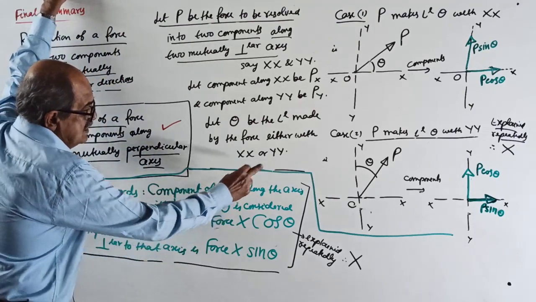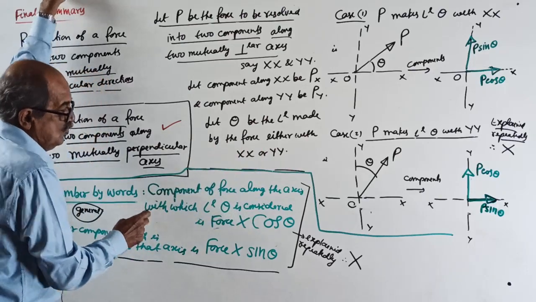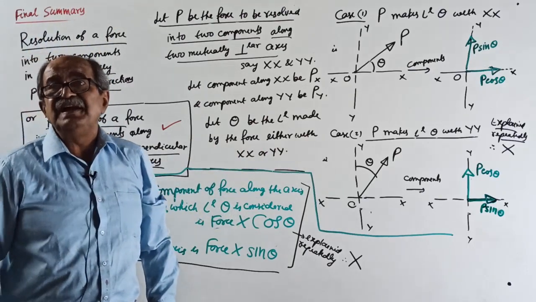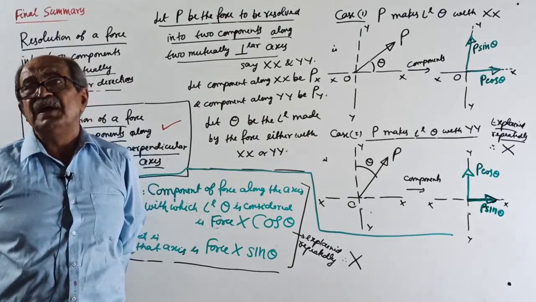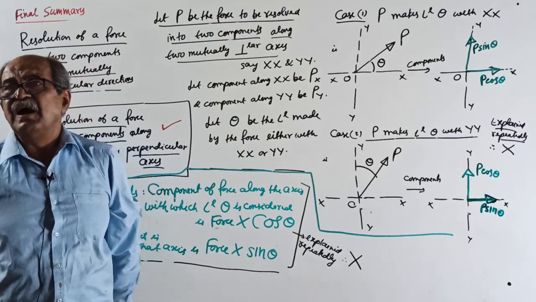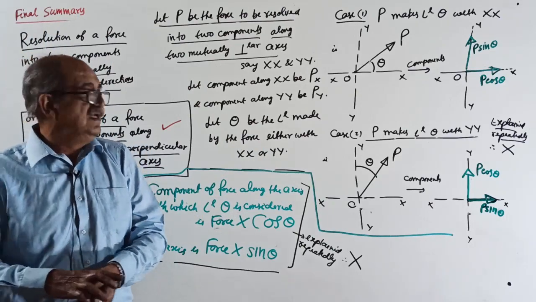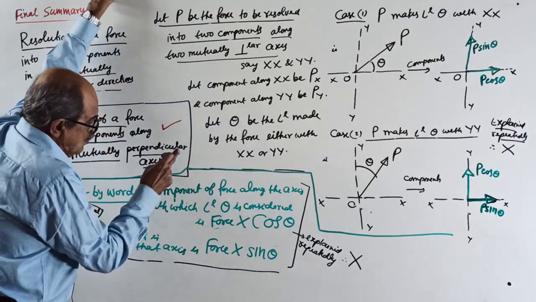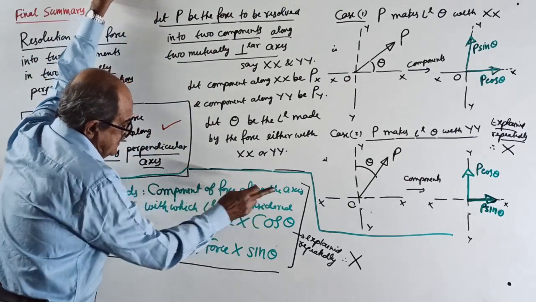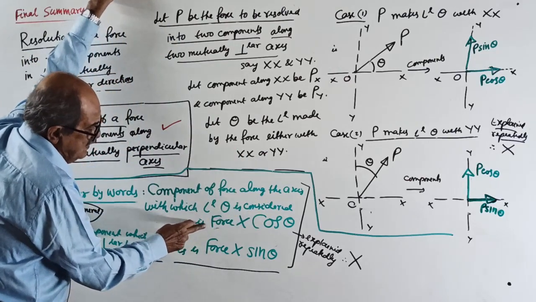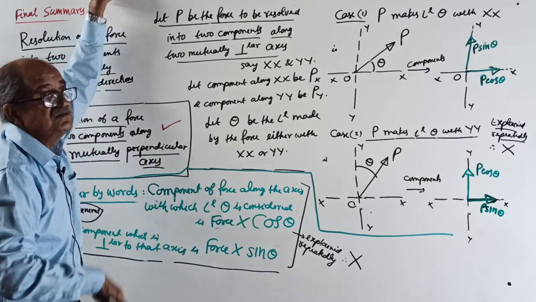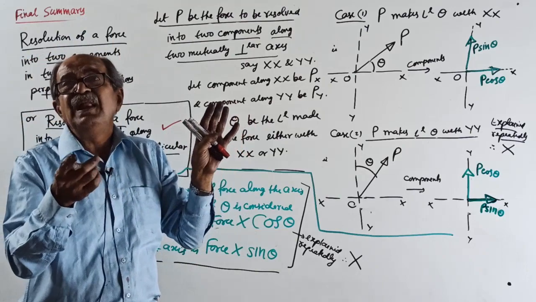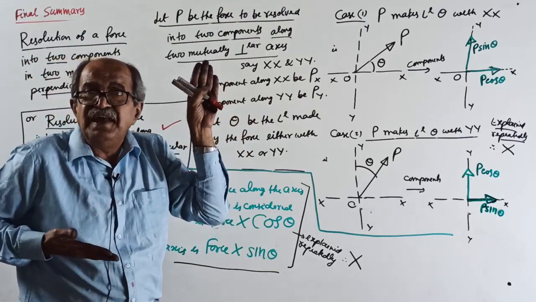The component of a force along the axis with which the angle theta is measured, see, theta may become alpha later or beta, gamma, that is no problem, is always force into cos theta. In simple language, cos theta is the adjacent side.